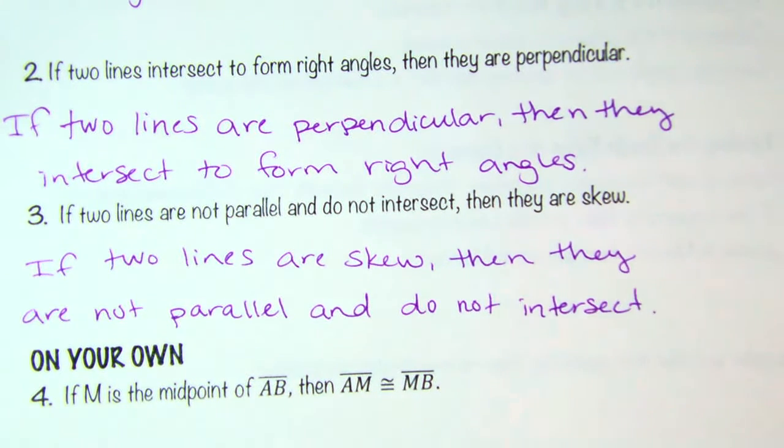Okay, so if you could pause the video now and try this on your own, and then push play in about a minute to check to see if you got it right.